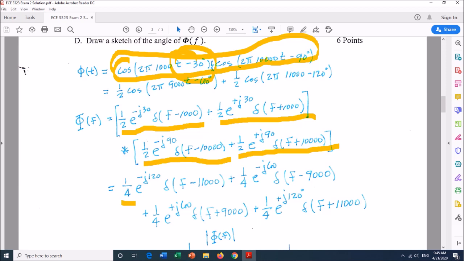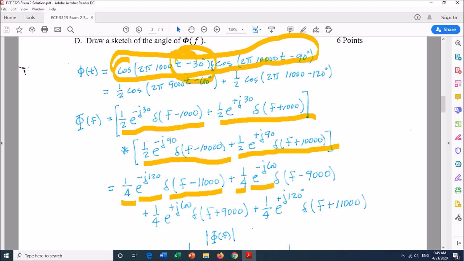1/2 times 1/2 gives 1/4. E to the minus j90 times e to the minus j30 gives e to the minus j120, and then we have f minus 10,000 minus 1,000, so that's delta f minus 11,000. Second convolution, 1/2 times 1/2 is 1/4. E to the minus j90 times e to the plus j30 is e to the minus j60.